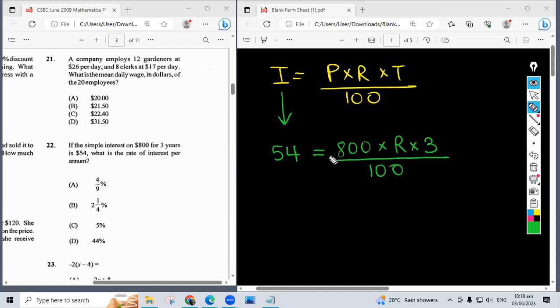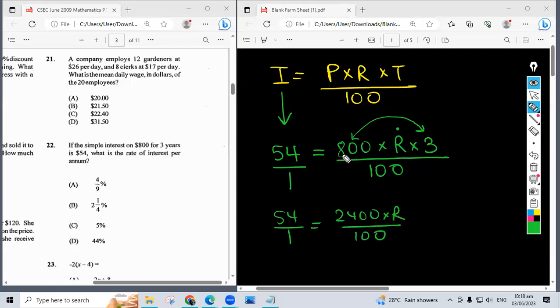So what we could do is cross multiply and solve for R, or there are so many ways to work this out. Let's multiply the 800 by 3. So it's 54 over 1 is equal to 2400 by R over 100. Actually, there's an easier way to do this.